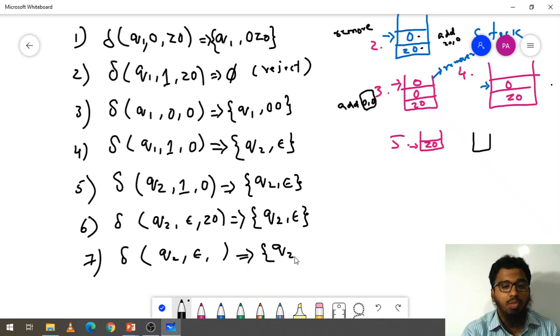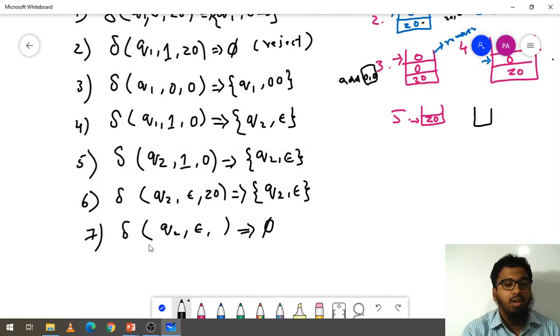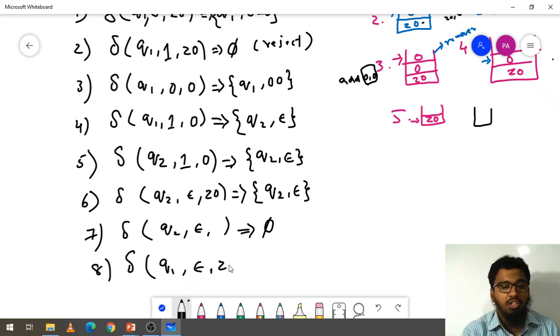We will get phi, empty. In the same way, as we did q2 epsilon Z0, we need to do delta for q1 also: q1 epsilon Z0.